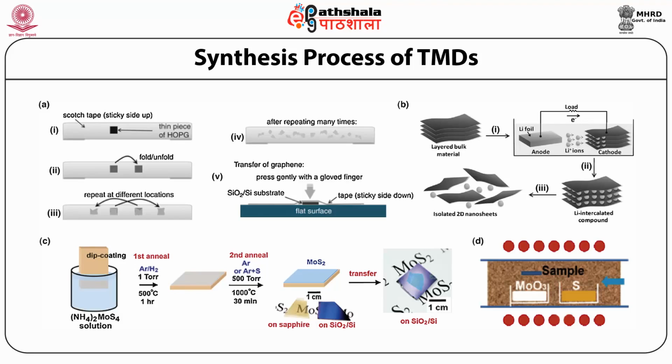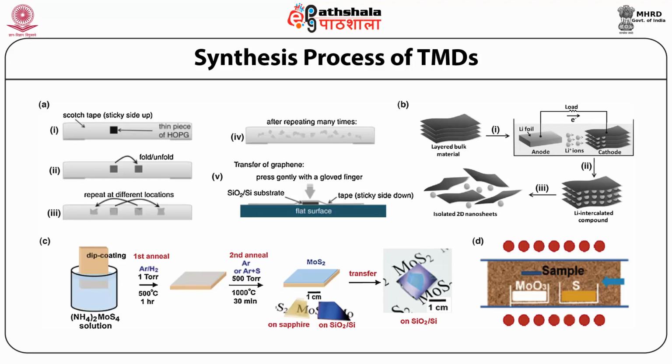Two-dimensional TMDs can be fabricated using two types of approach, similar to graphene: the top-down approach, where the bulk form is exfoliated into few layer structures and monolayers, and the bottom-up approach using growth methods such as chemical vapor deposition or molecular beam epitaxy.